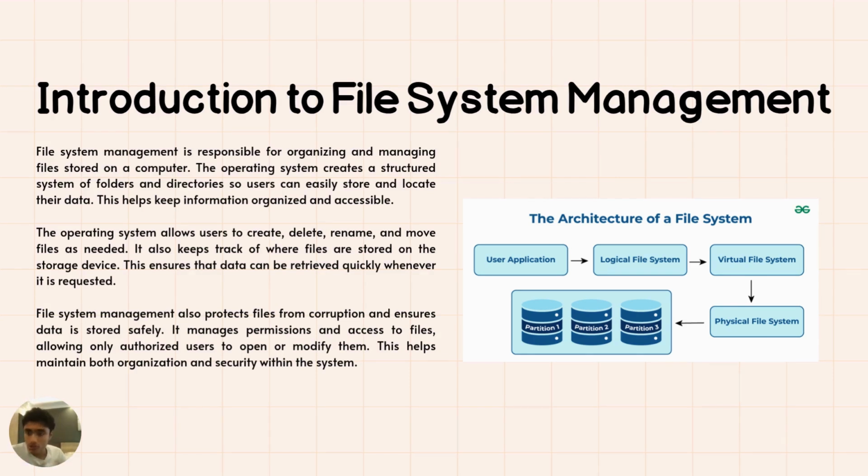One of the main responsibilities of file system management is to handle operations such as creating, deleting, moving, copying, and renaming files. The operating system also keeps track of where each file is stored, the exact location on the storage device.